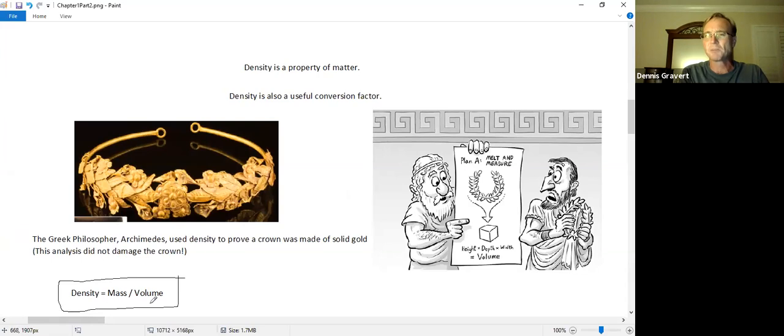This is a formula you should memorize. Sorry, yet some more memorization. But there's a cool little trick. Just repeat after me: I love density. I love density. I love density. No, I don't.